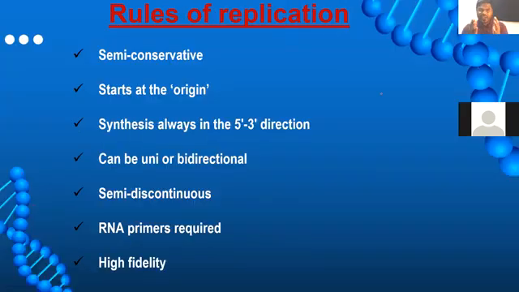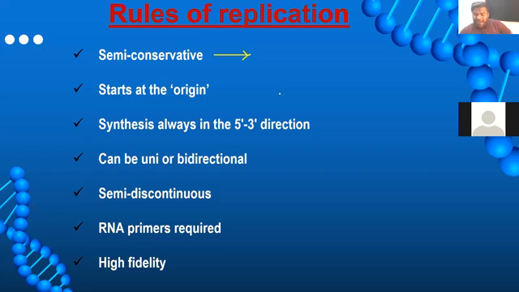So now let's start. We understand the definition of DNA replication. We understand that DNA is made up of nucleotides. We also understand the structure of the DNA. Now what are we going to read? We are going to read the major rules of DNA replication. Now you can ask me, sir, is there any necessity to read every single rule of DNA replication?